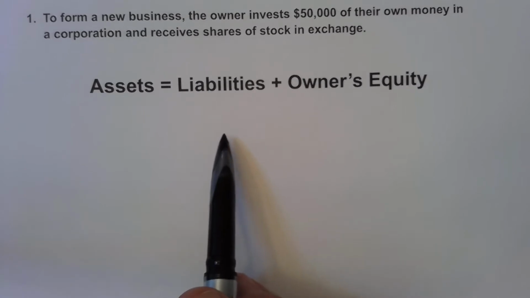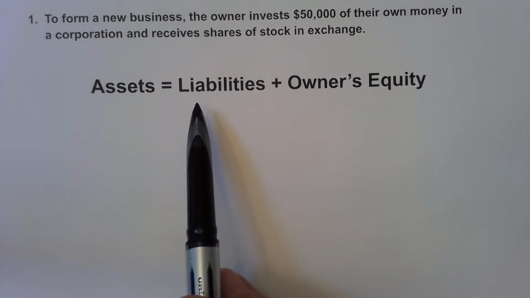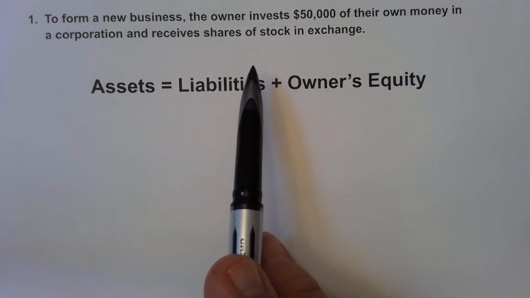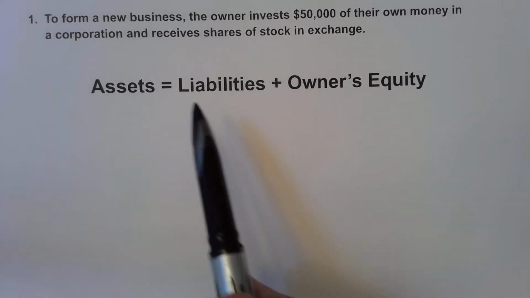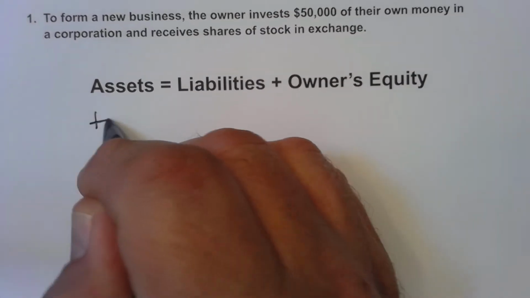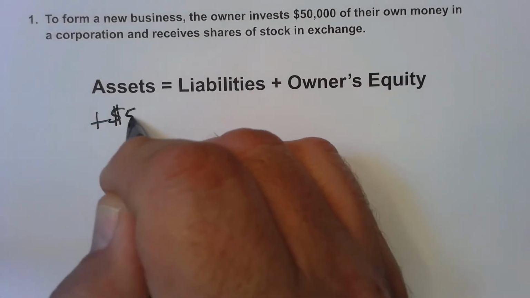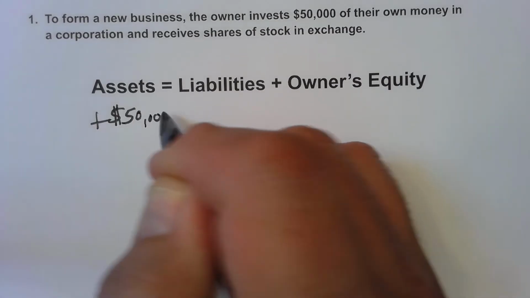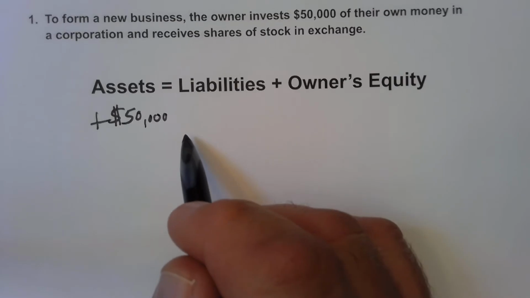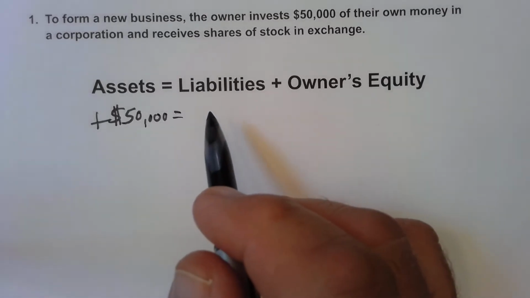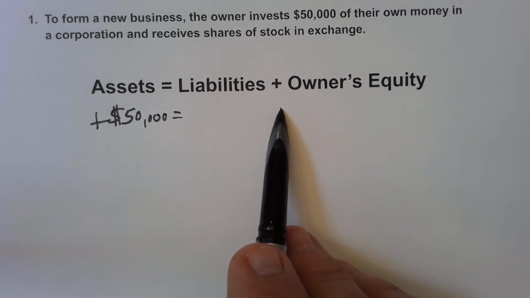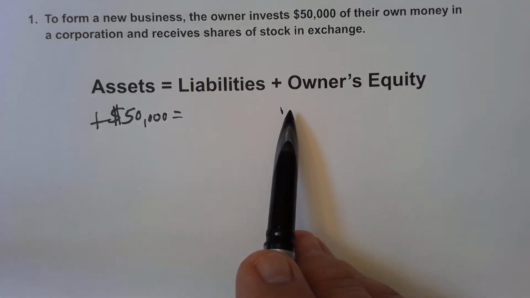In our first example, the owner is starting their company by investing $50,000 cash into the company. The assets increase by $50,000 because of the infusion of the cash. The accounting equation must always balance. So the left side increased by $50,000. The right side must also increase by $50,000.